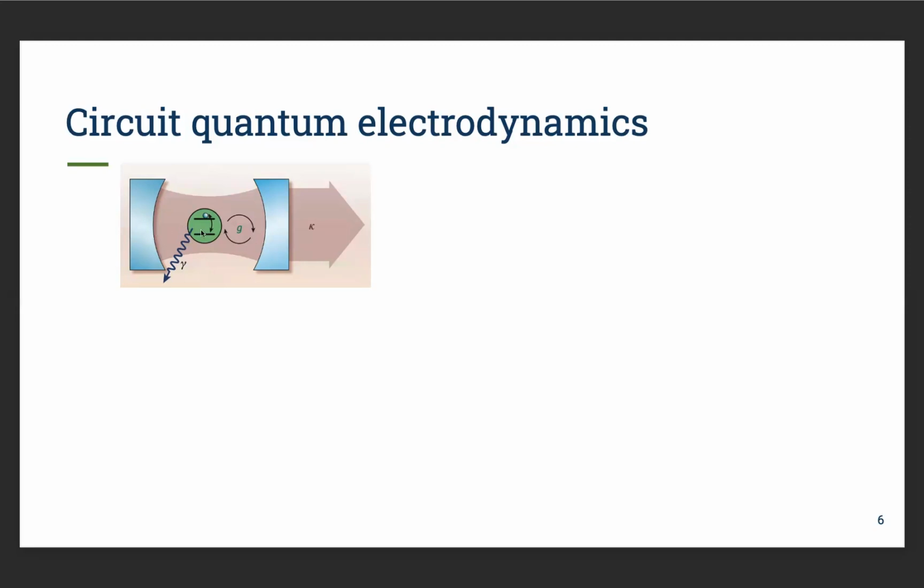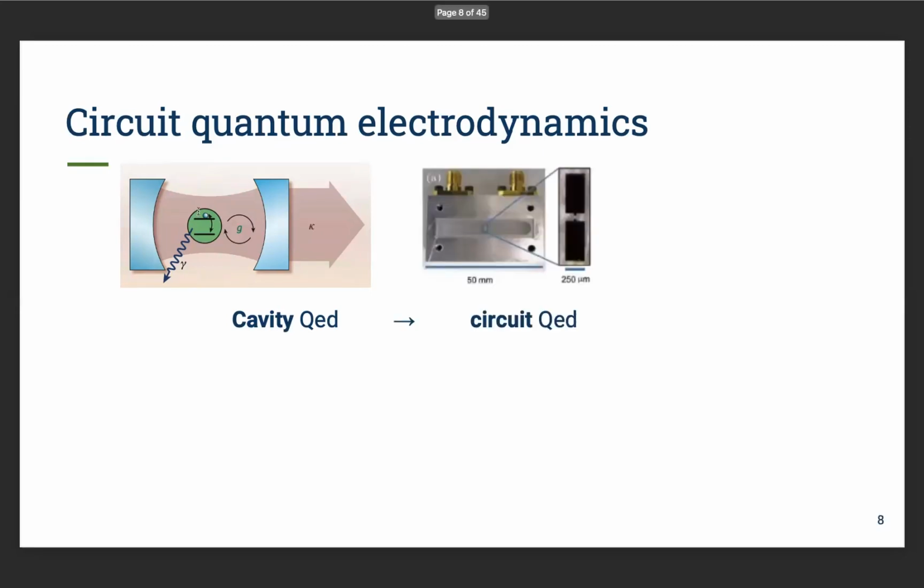It can be absorbed by the atom and excite the atom into its excited state. Then at a later time, the atom can fall back down to its ground state, emitting light at the same frequency. This interaction will occur at a rate g. This was the field of cavity quantum electrodynamics. But now we can replace our real atoms with artificial atoms and move towards the field of circuit quantum electrodynamics.